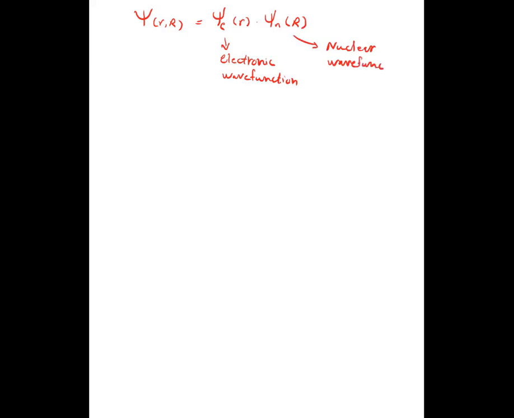If we substitute this into the Schrödinger equation, we have the Hamiltonian in terms of the electronic coordinate plus the Hamiltonian in terms of the nuclear coordinate. So again, we separate the variables in terms of the Hamiltonian as well.